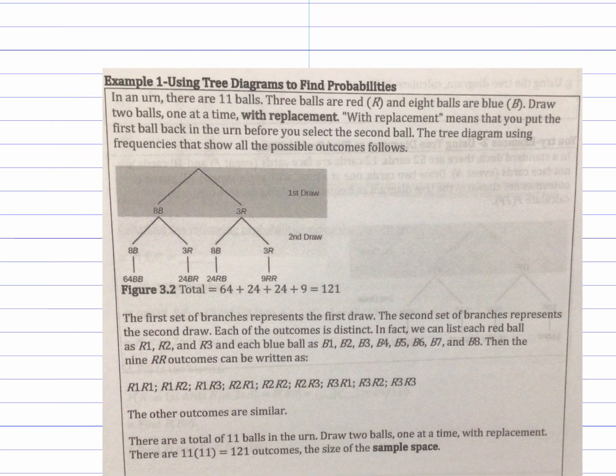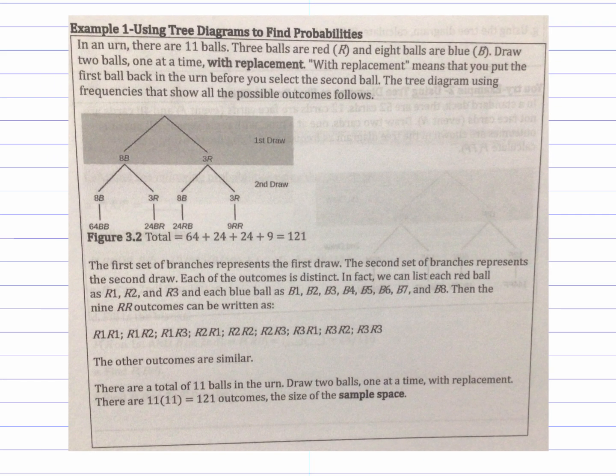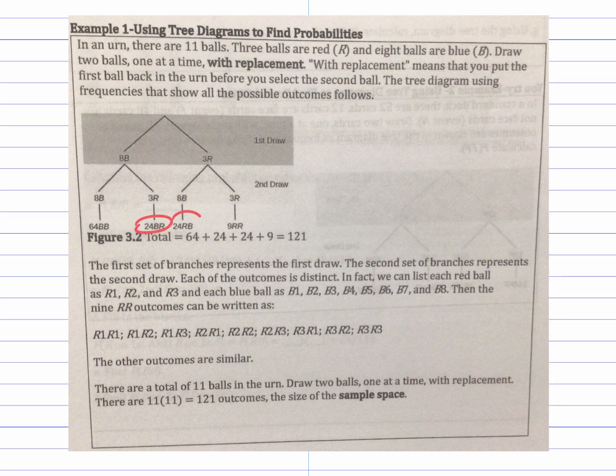Of an example, more of a how-to. Possible outcomes for these 2 inner branches. The sample space being summed up there. Then you can see in the first draw, there's 3 reds, and we're replacing them.